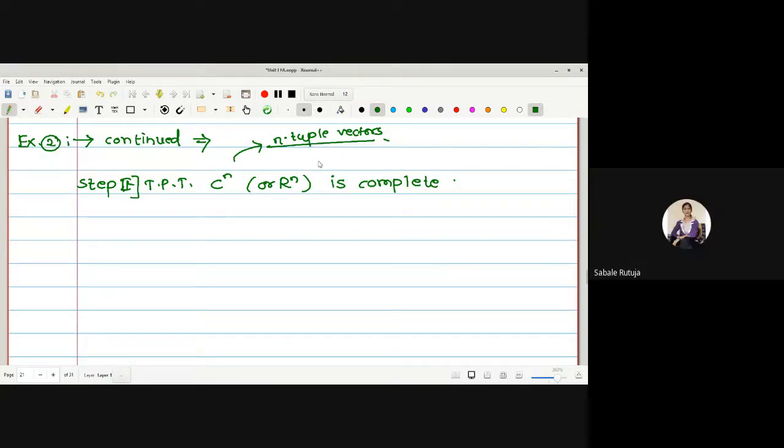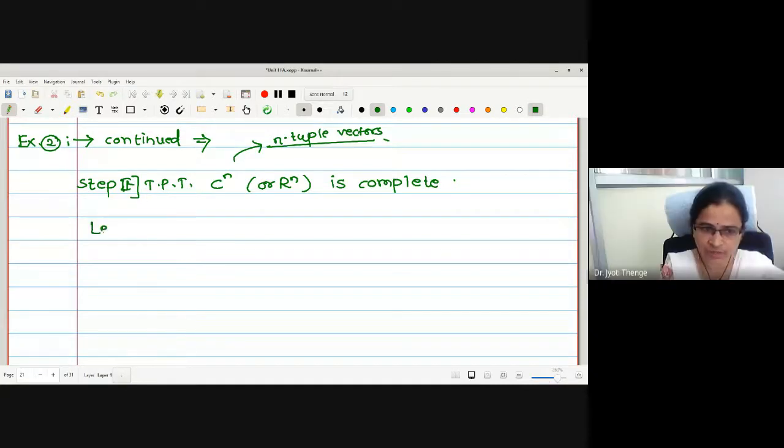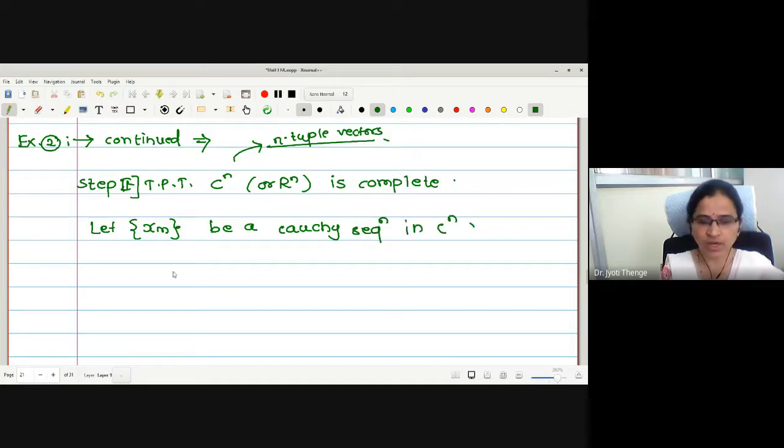Here let me write, let xm be a Cauchy sequence in Cn. Or you can write the sequence x1, x2, xm and so on.